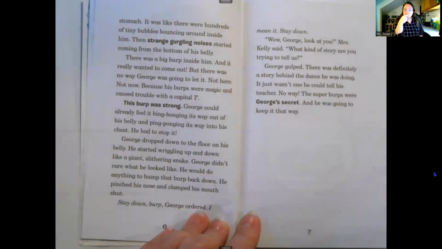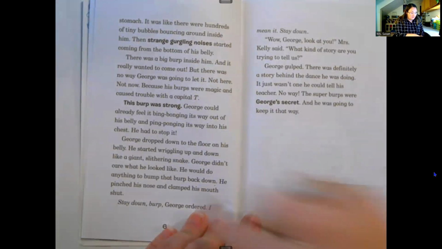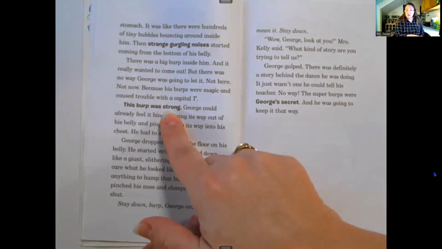What do you think? Maybe. Good ideas. Trouble with a capital T tells me that maybe it's really important, because don't you capitalize important words? Yeah.